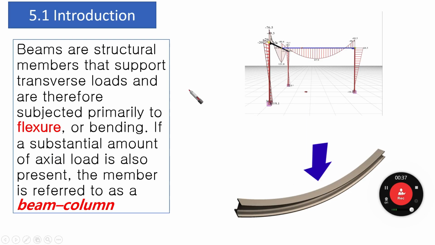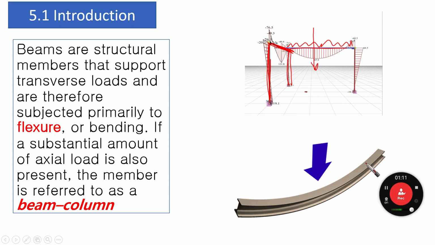Okay, first of all, we want to understand what is the meaning of beams in general. Whenever we think about beams, we are thinking about an element, as you can see, connecting two vertical columns, and mainly it is loaded in the vertical direction.